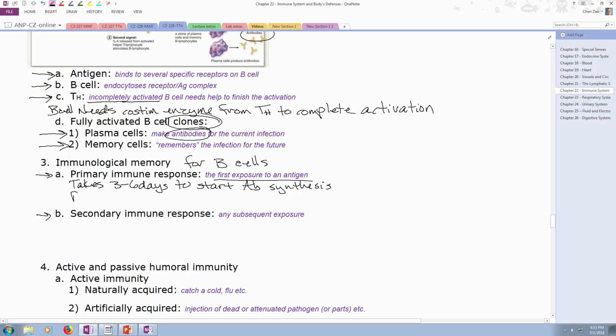And peak antibody production is 10 to 14 days after exposure.